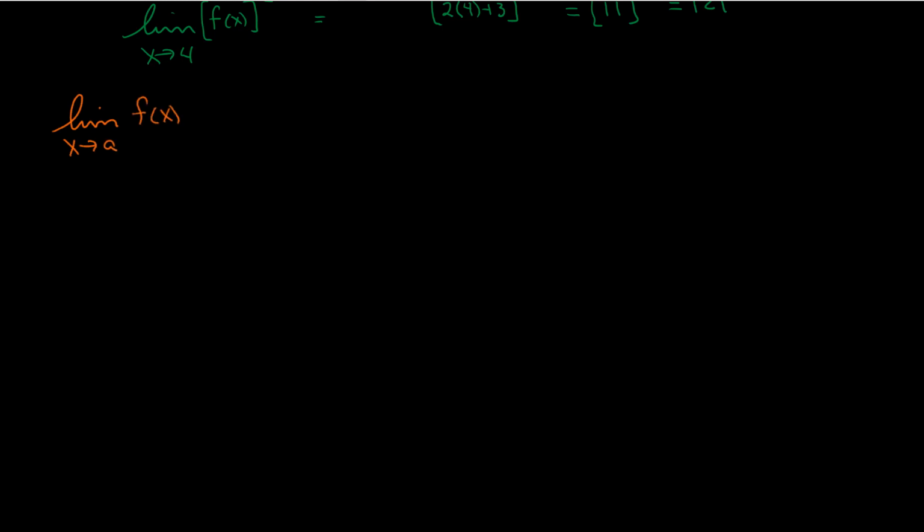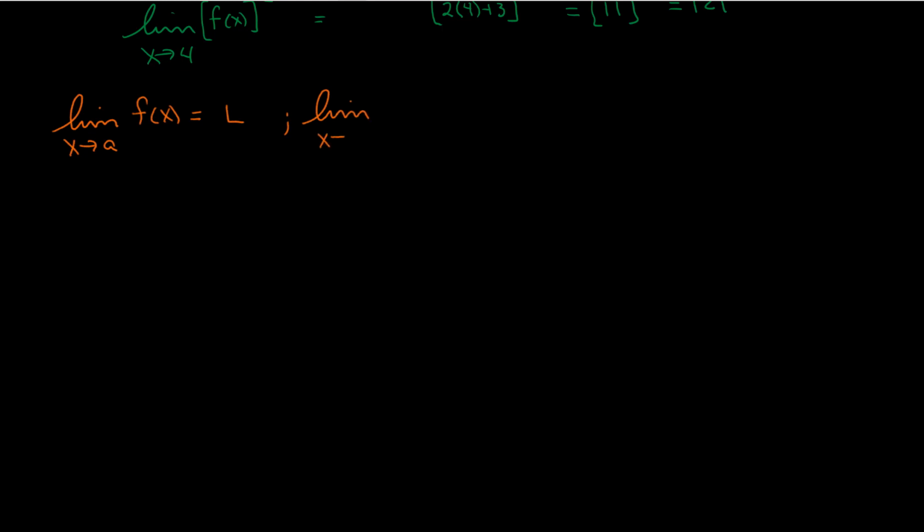So I'm not restricting myself to x equaling 4 or something like that, is L. Whatever the function is, and we substitute in whatever the a value is, we get back this number L. L could be 2, could be negative 7, could be the square root of 19. Who knows what it is?